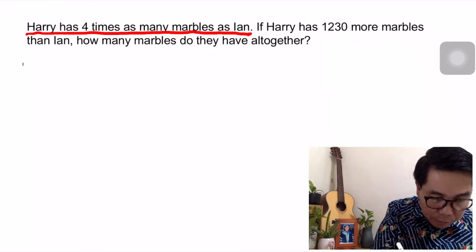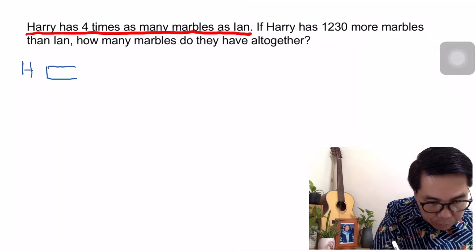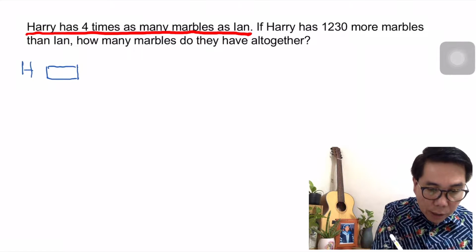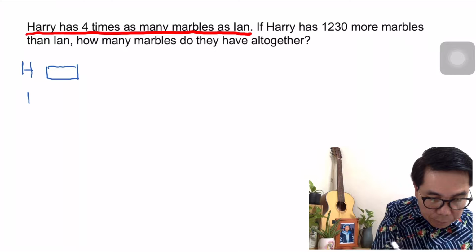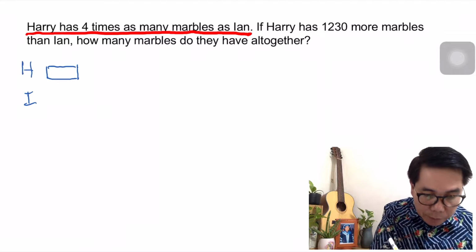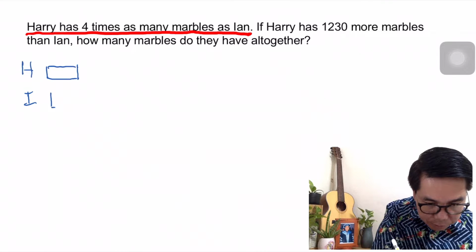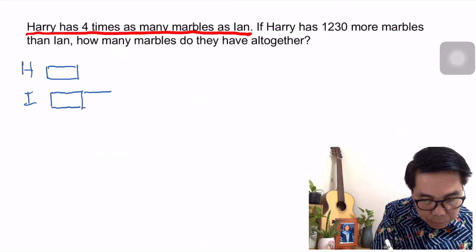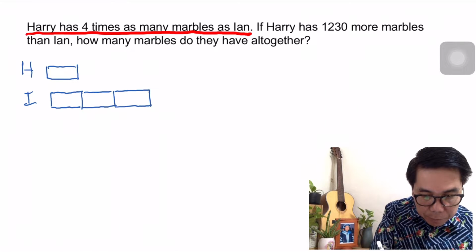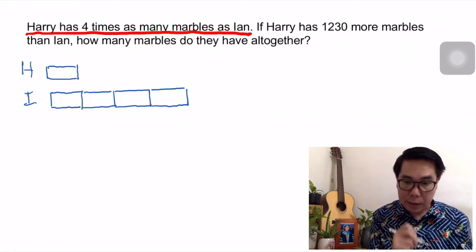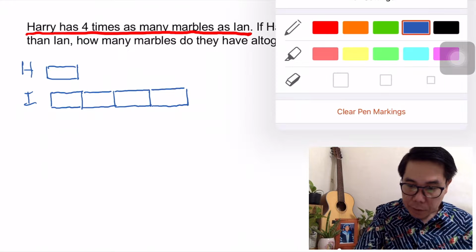For Harry, it is 1 bar. For Ian, four times of Harry's. So 1, 2, 3, 4. Okay, then let's continue.